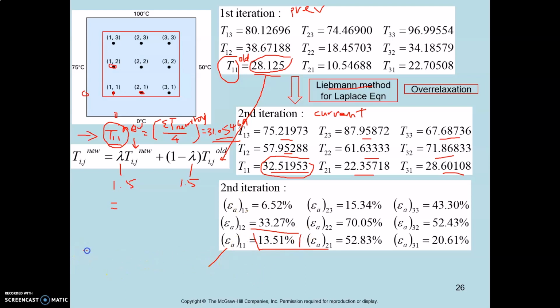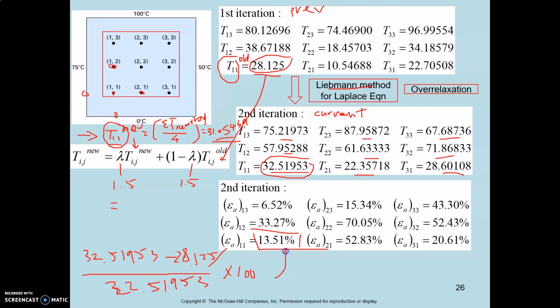In this case we have 33.51953 minus 28.125, divided by the current. Then you just need to multiply by 100.